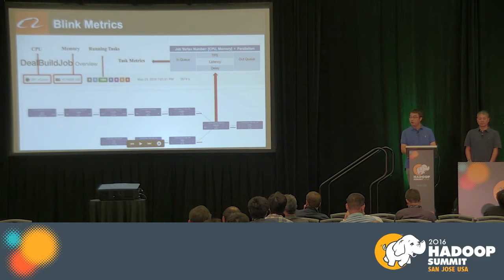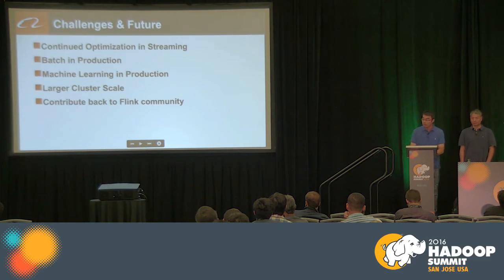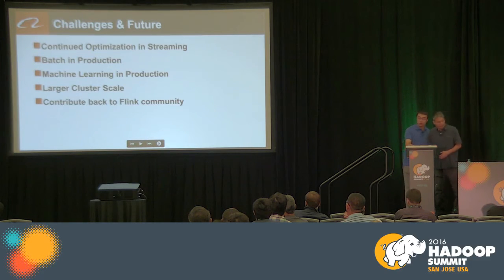Also the checkpoint and state detail metrics. And we also put the metrics into OpenTSDB and visualize them with Grafana. Okay, finally, Xiaowei will show the challenges and future of Blink.